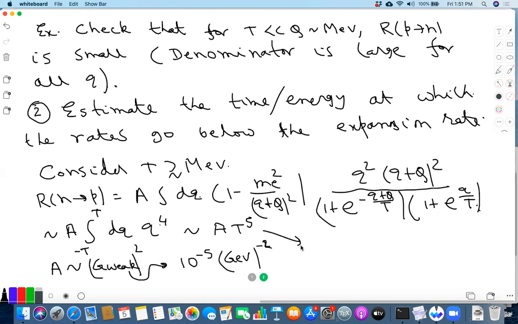So we can write this as 10 to the minus 10 GeV to the minus 4 times T to the 5.